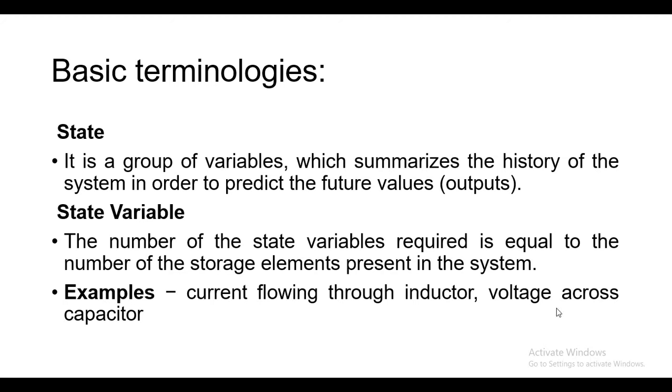Similarly, the voltage across the capacitor is nothing but the energy stored by the capacitor, or the charge stored across its plates. If you are not clear with your basics, please see how capacitors and inductors store energy. On YouTube you can see a number of videos. Please see how the capacitor or inductor can be used to store energy. So these are the basic terminologies.